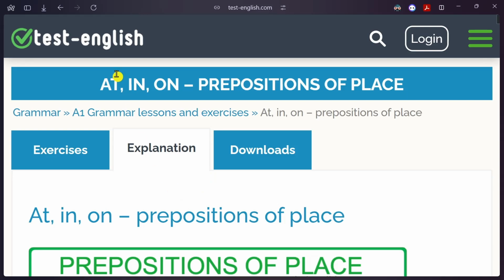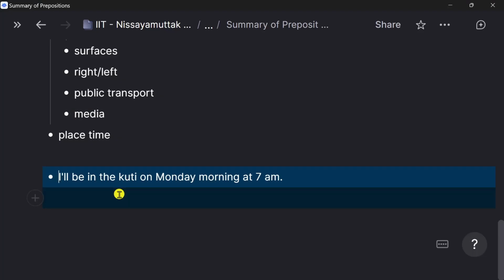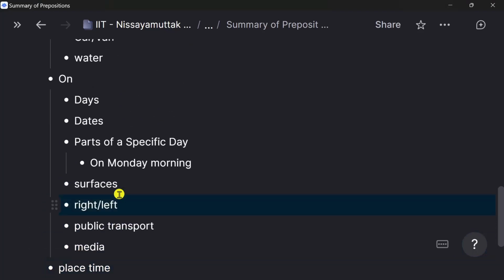Just get used to them. When you're reading or listening, be more attentive and perceptive: on, at, or in.